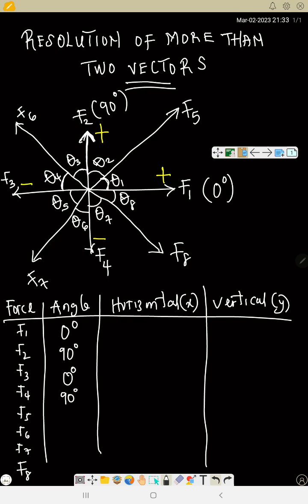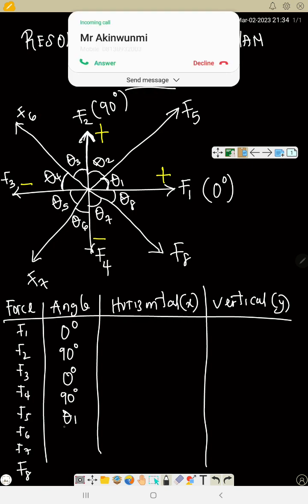So now for F5 we have theta 1, the horizontal angle. But anyone that falls on this horizontal or vertical has a special angle, and that is what you see there. F6 we have theta 4, angle to the horizontal, take note.